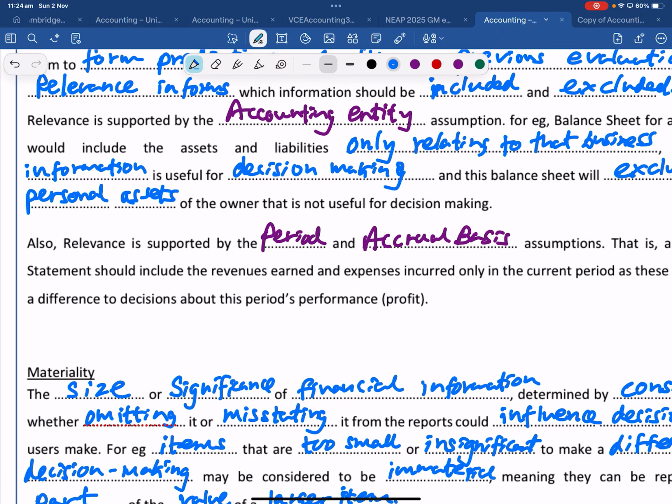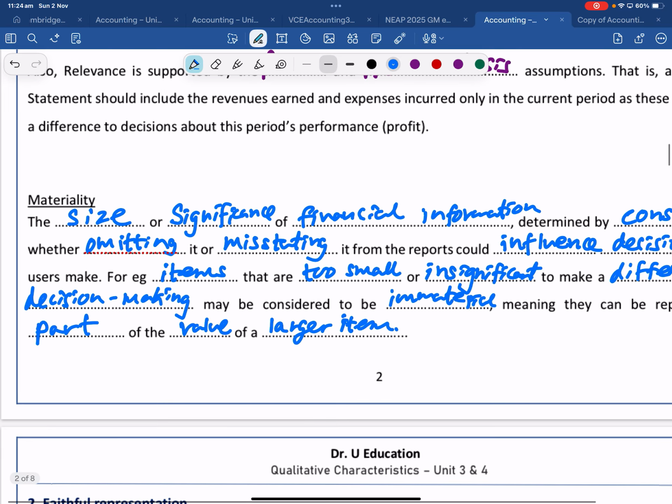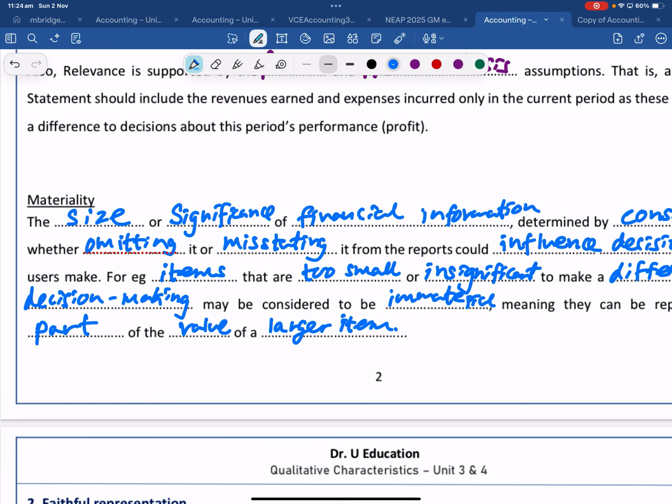Okay. Then there's another part, guys, materiality. What is materiality? What do you mean by material? It's material enough. So basically, significance. Let's say, for example, we purchase a stapler or a calculator. In value it is less, definitely less than $50 or $20, something like that.